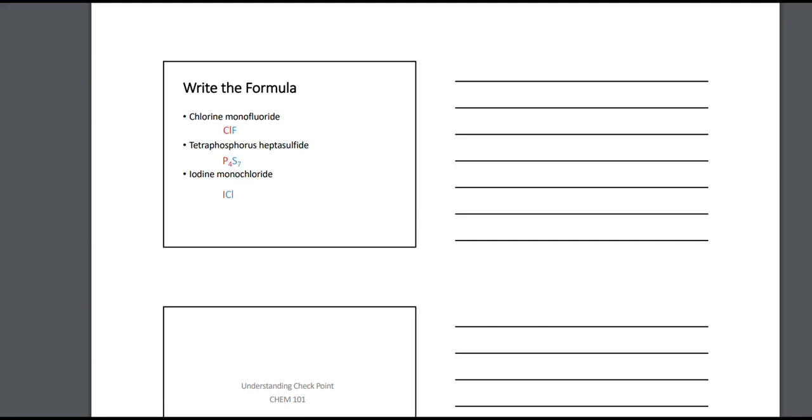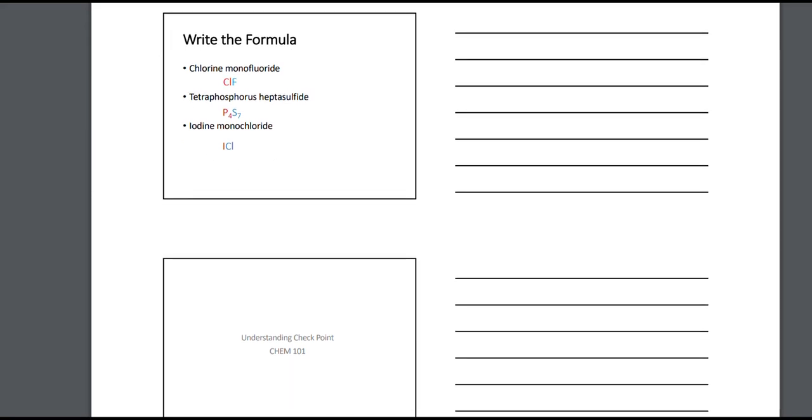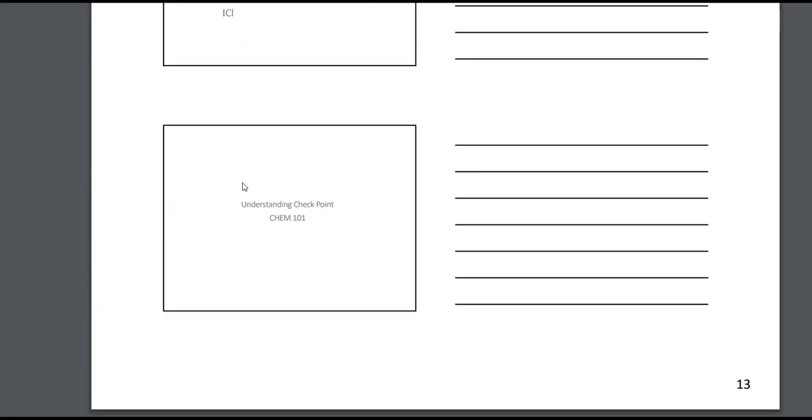So we have sulfur, and then we have 7, indicating 7 atoms of sulfur. Iodine monochloride, same thing, iodine is I. Monochloride means it's 1 chloride or 1 chlorine, so it's ICl.